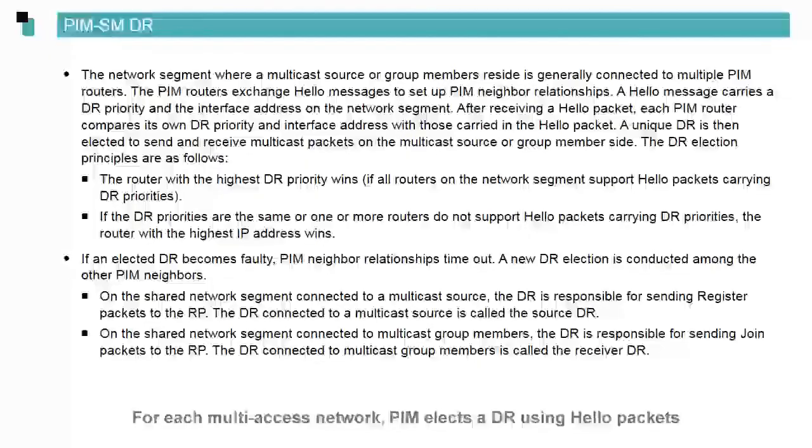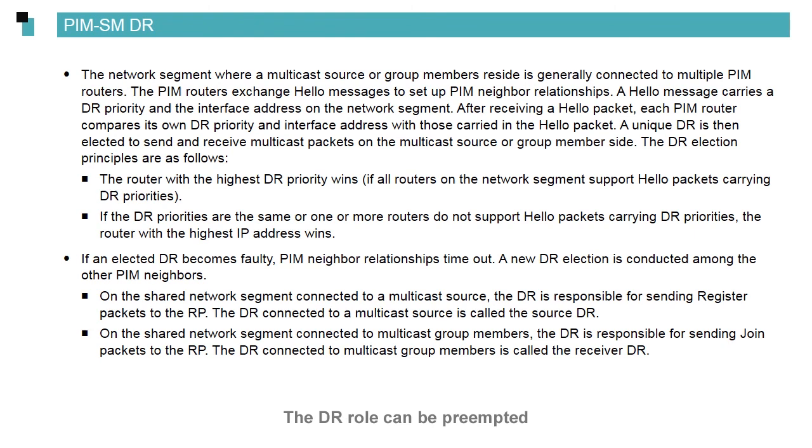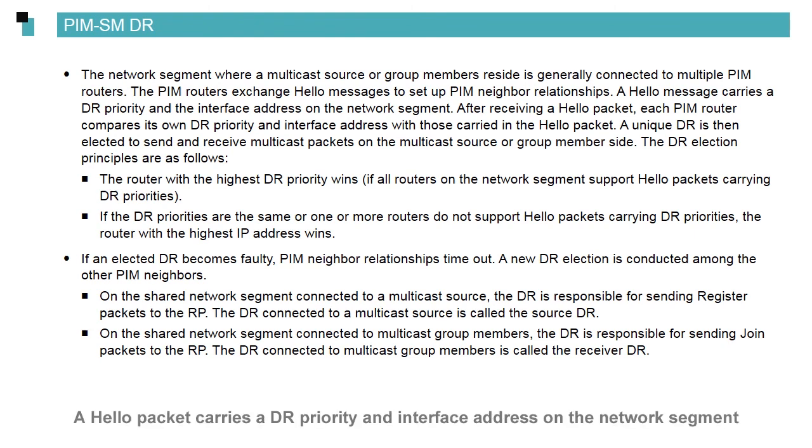For each multi-access network, PIM elects a DR using hello packets. The DR role can be preempted. A hello packet carries a DR priority and interface address on the network segment.